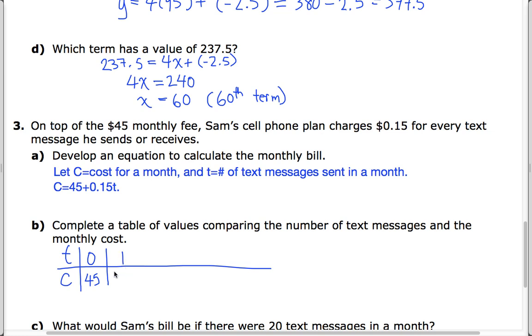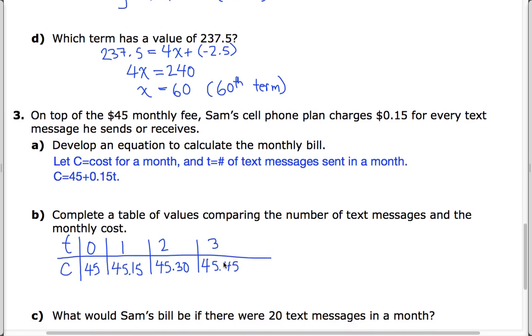Now if you send one text message, there's an additional 15 cents, so it would be 45.15. 2 text messages sent, it would be 45.30, and so on. 3 text messages sent would be 45.45.